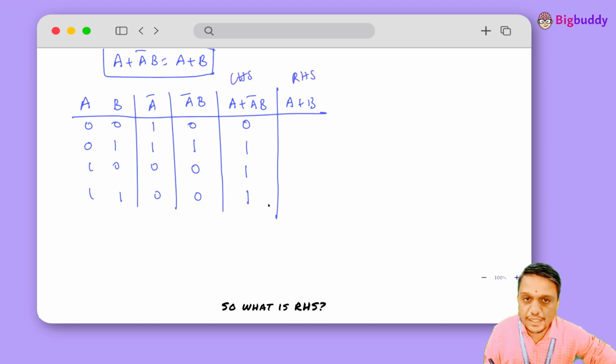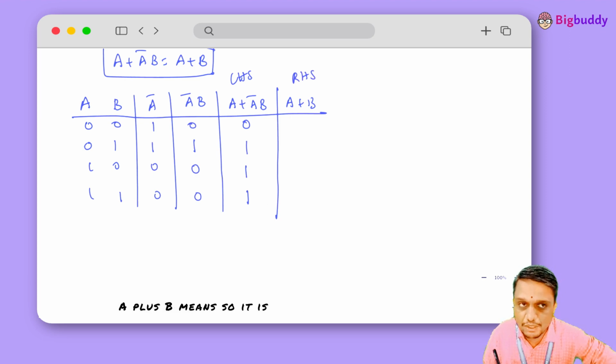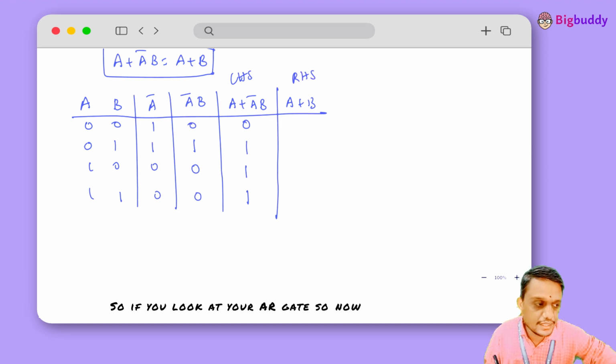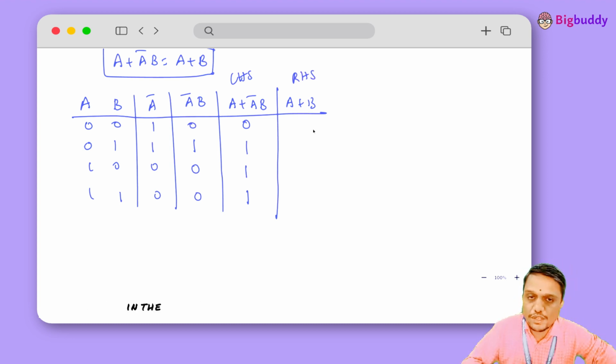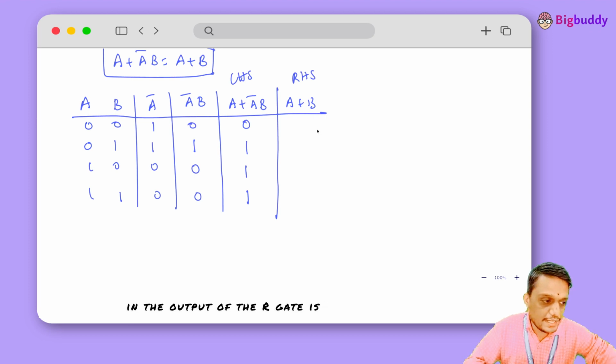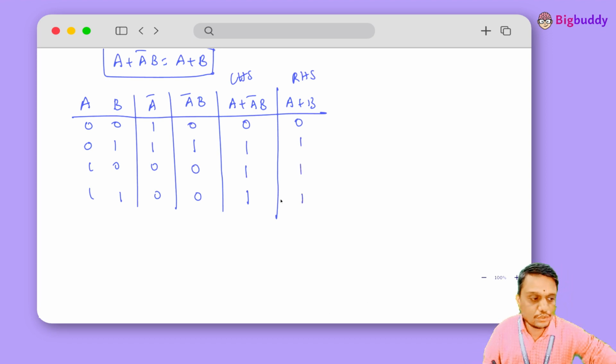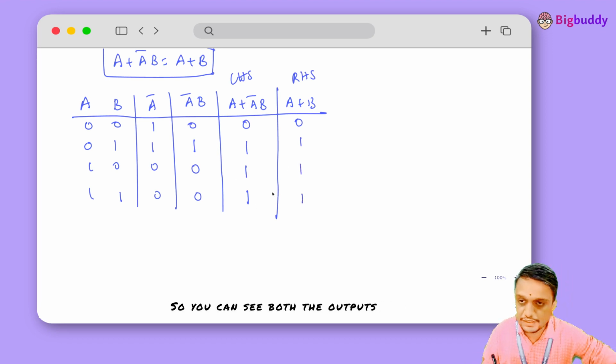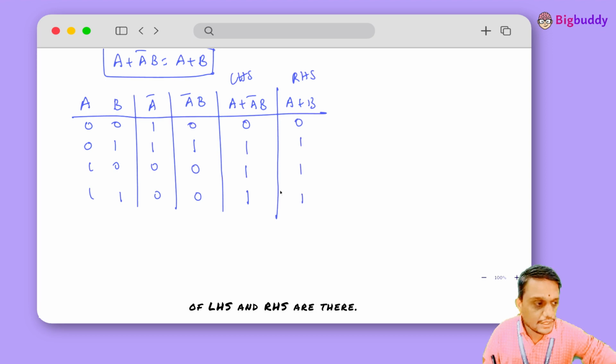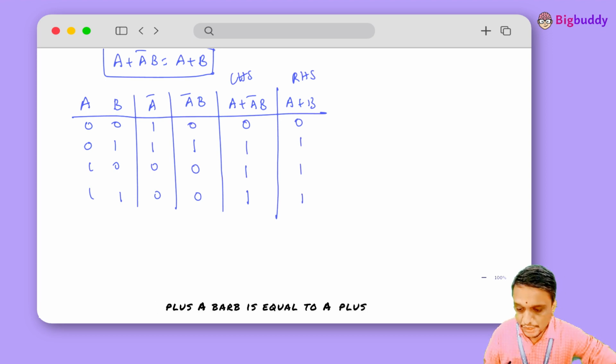So what is RHS? A plus B. A plus B means it is a sum term or an OR gate. So if you look at your OR gate, the output of the OR gate for A, B, A plus B is also 0, 1, 1, 1. So you can see both the outputs of LHS and RHS are same. So that is how we can prove that A plus A bar B is equal to A plus B.